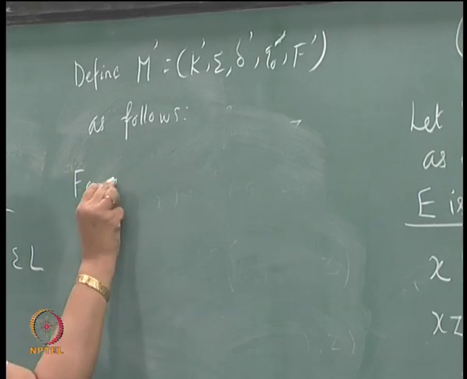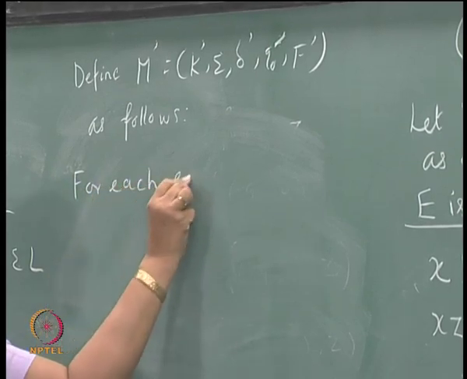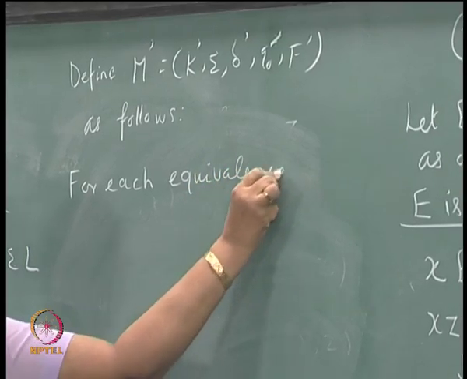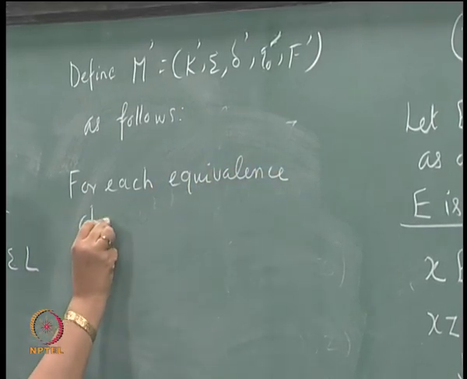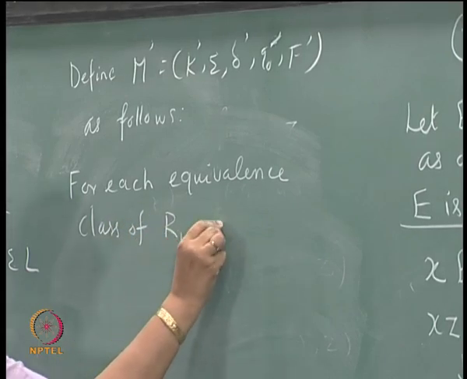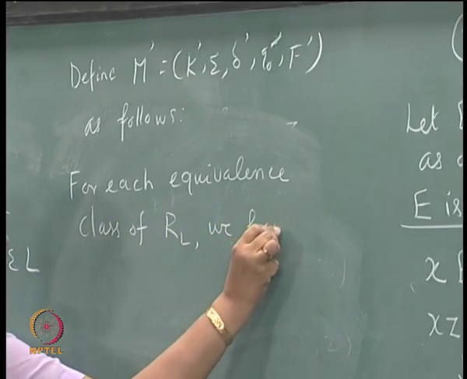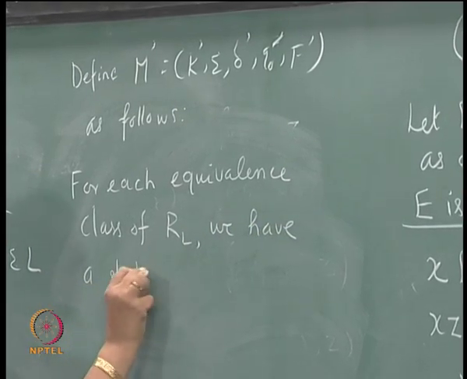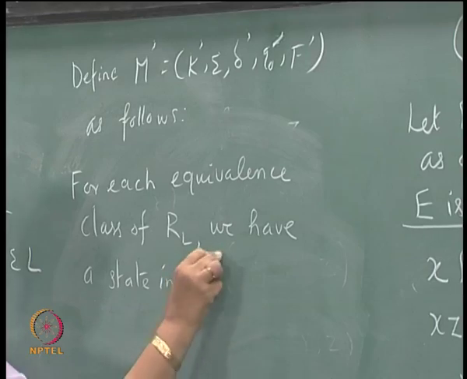For each equivalence class of RL, we have a state in K dash.